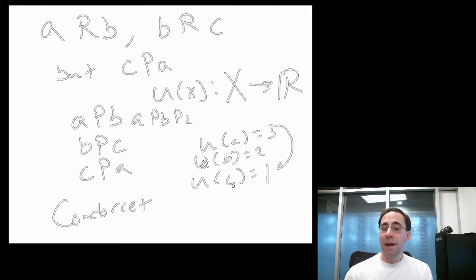So it's a lot of times much easier to understand what my best choice is in the context of a utility function than in the context of a bunch of relations. Utility functions can be very useful, and we'll deal more with them when we deal with optimization in part 2 of the class. Condorcet triples make it impossible to have a utility function for yourself.